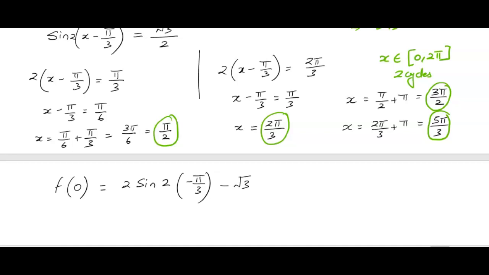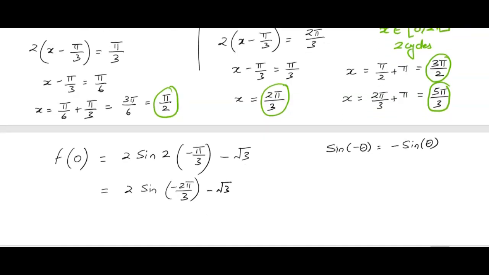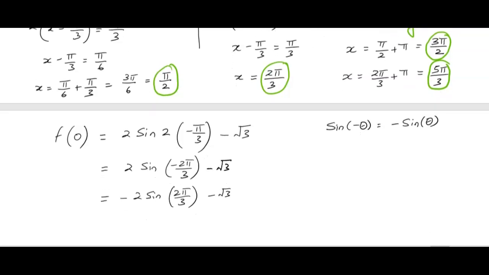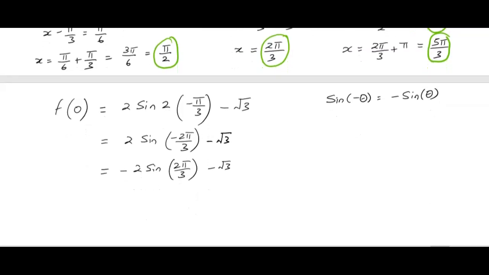Now, which leaves us with 2 times sine of minus 2 pi on 3. Right, talking about negative angles, sine of minus theta is the same as writing minus of sine theta. Right, so which means we can rewrite this as minus 2 times sine 2 pi on 3. 2 pi on 3 is an angle in the second quadrant.